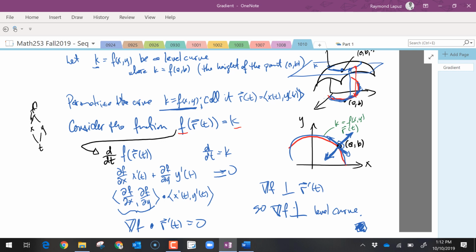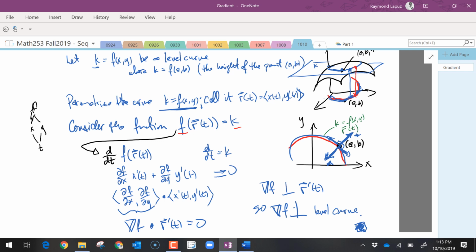Which one is the correct gradient? The one pointing inward or the one pointing outward? And you have to look at the surface to be able to tell. It's a 50-50 chance. Just yell out an answer, you'll be 50% correct.